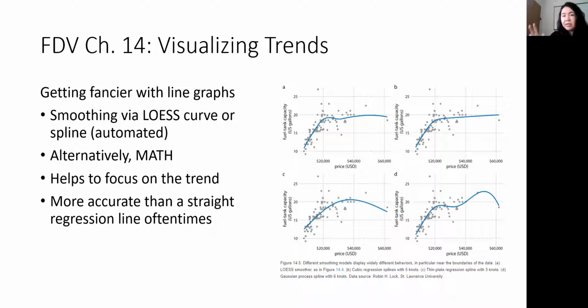So the lesson here is that you can have a lot more confidence in this area than this area, and how you deal with this is going to impact the lines themselves.